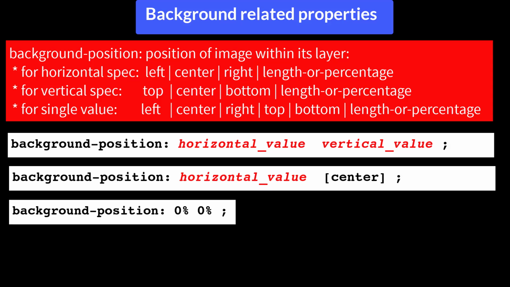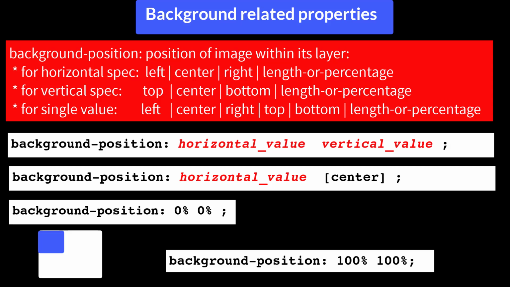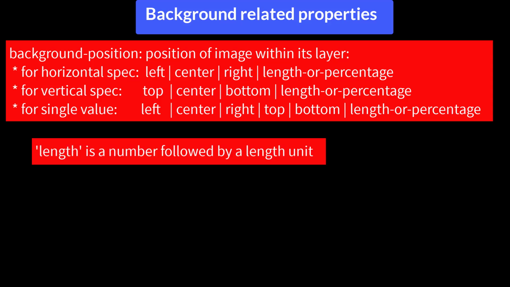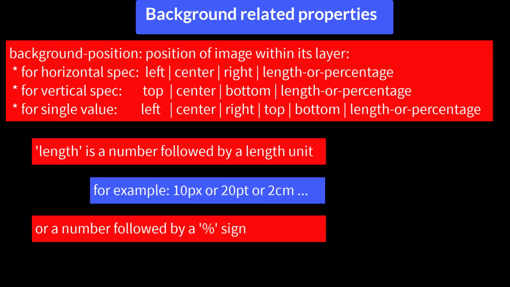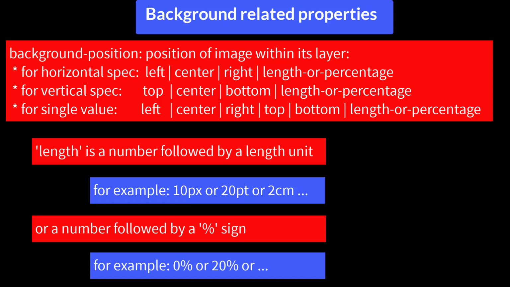The default is 0% 0%, which places the upper left corner of the image into the upper left corner of the element. Note that a value of 100% 100% places the lower right corner of the image in the lower right corner of its containing area. Note, length is a number followed by a length unit, for example 10 pixels or 20 points or 2 centimeters, or a percent sign, for example 0% or 20% or something else.